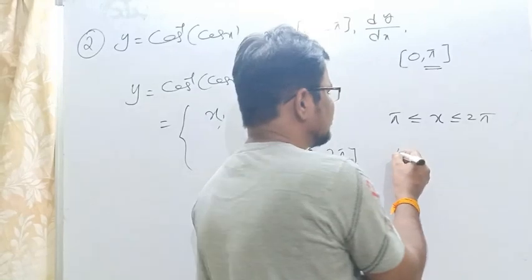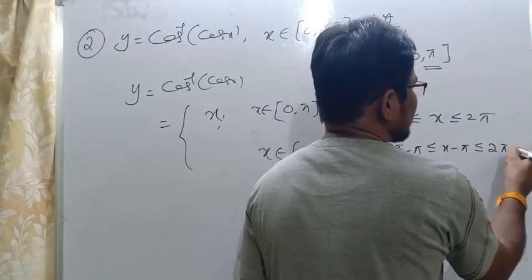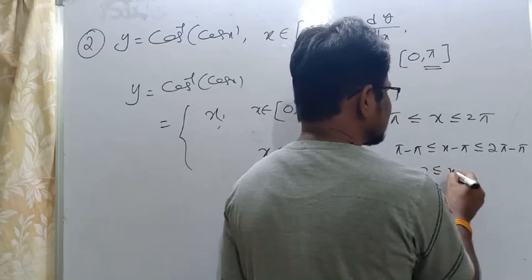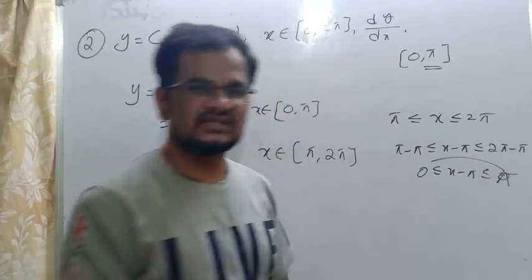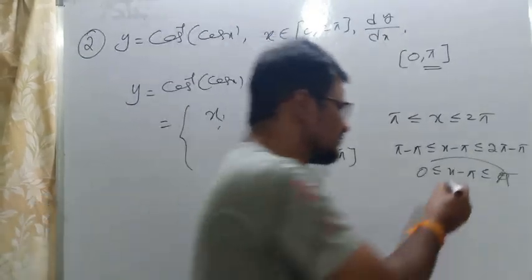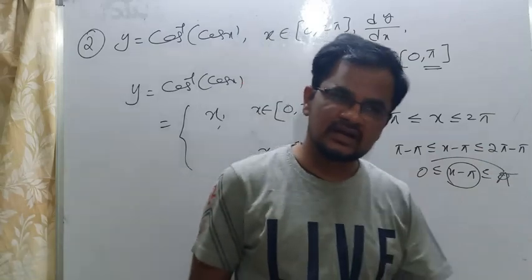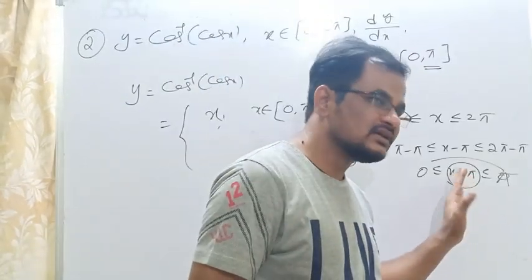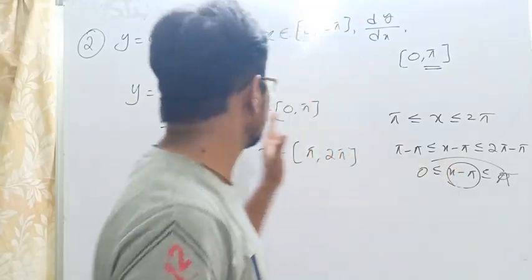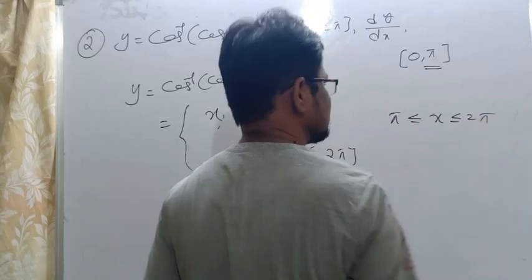Now subtract pi: 0 less than or equal to x minus pi less than or equal to 2 pi minus pi, this is the range of cos inverse x. But if you apply cos of x minus pi or cos of pi minus x, both are in the second quadrant only. In the second quadrant cos is negative, so we have to multiply with minus.